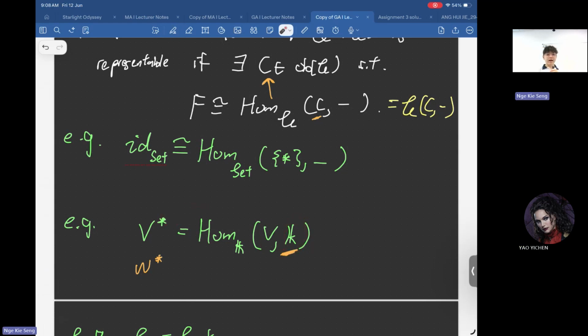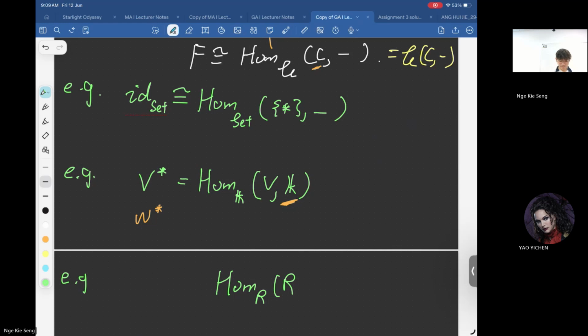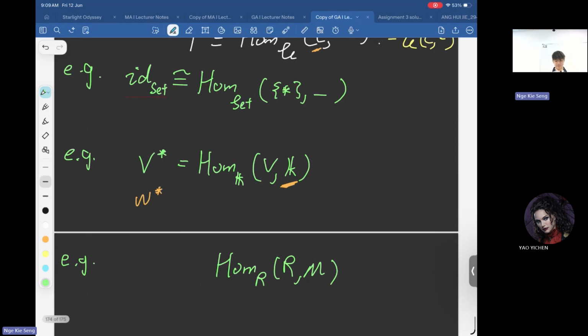Another one we've seen more recently is Hom, so let's say Hom of R to something, maybe an R-module.